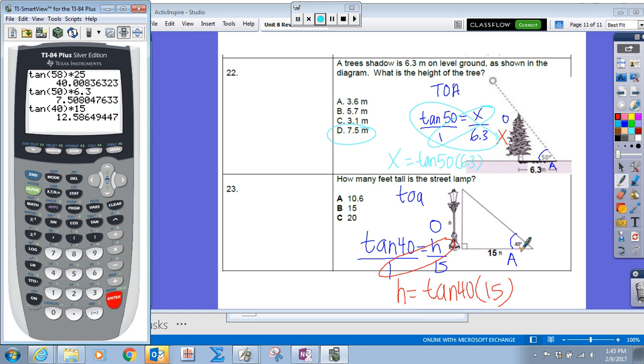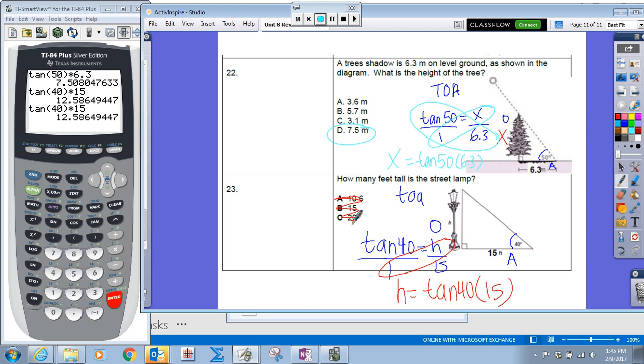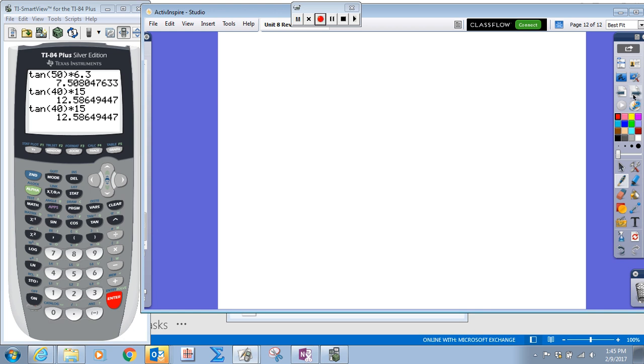But let me just try that one more time. I think that's right though. So the tan of 40, close my parentheses, times 15. And that is right. So our answer choices here are not correct. So let's just round that to 12.6. And that's it. Okay.